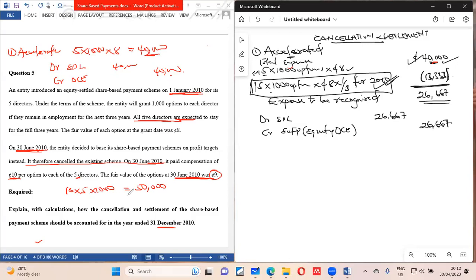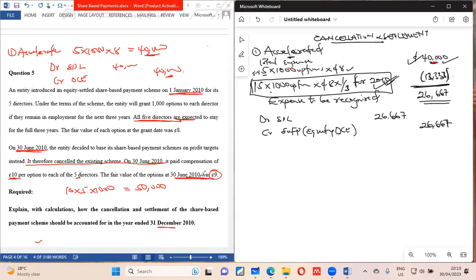So first of all, we said that any payment made up to the fair value of the equity at cancellation is taken from this account. So you take it from that account. Then the third thing I said was that payment made in excess of the fair value of equity at the settlement date is treated as what?